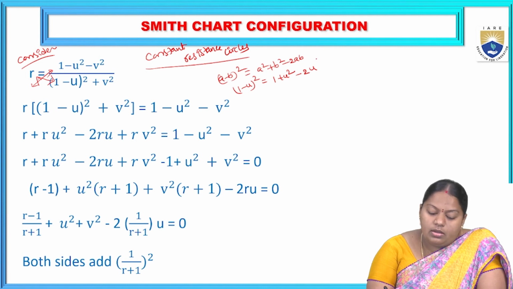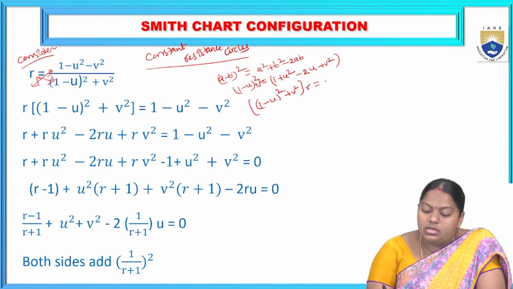And plus v square, into r: (1 minus 2u plus u square plus v square) multiplied by r gives us r plus r into u square minus 2r into u plus r into v square.